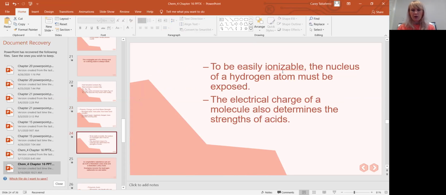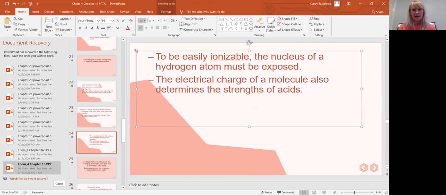Okay, and the last thing we'll talk about is that in order to be easily ionizable, the nucleus of a hydrogen atom must be exposed. And again, that means those electrons are shifted away from it. Okay, they're shifted away from the hydrogen in that bond between a hydrogen and an atom. So you have hydrogen over here, another atom over here.